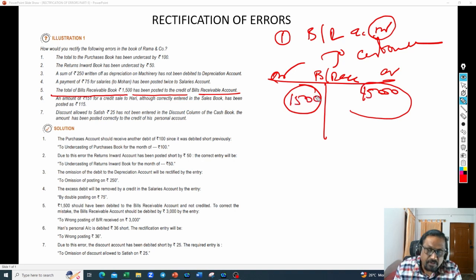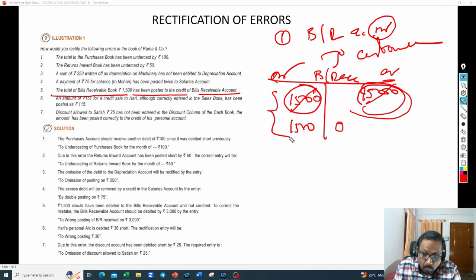If you put 1500 here, this 1500 and this 1500, the balance is becoming 0 because it got cancelled. But you have to bring 1500 balance in bills receivable, right? If you want to bring 1500 debit balance, you need to put another 1500 here, because it is wrongly posted in credit side. So you need to put 2 times 1500.